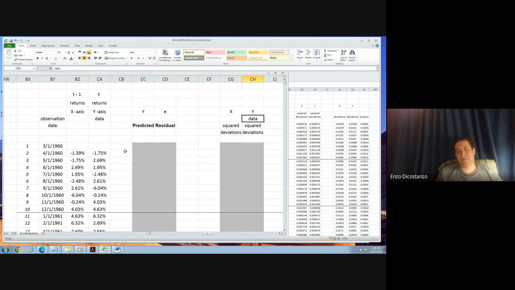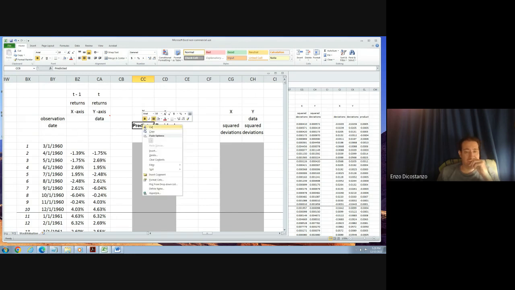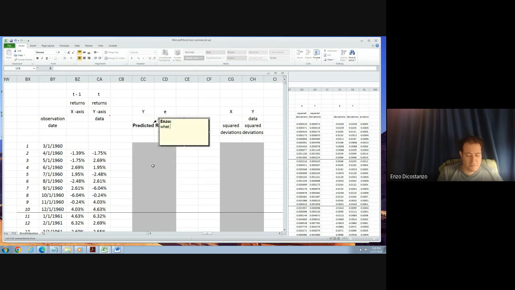What this means is this is what the data gives us for Y. And this is what our equation is. This is what our equation yields for Y.